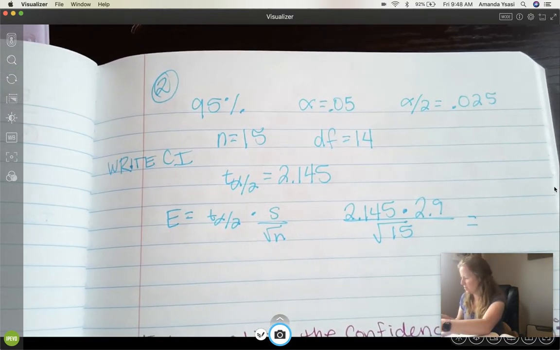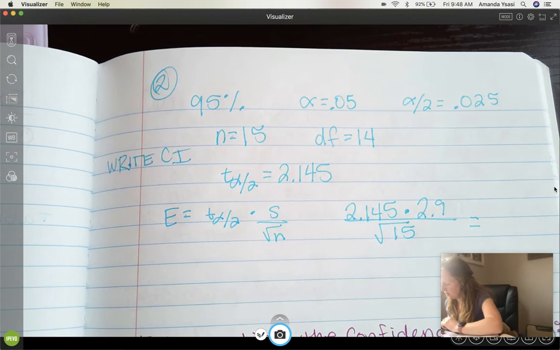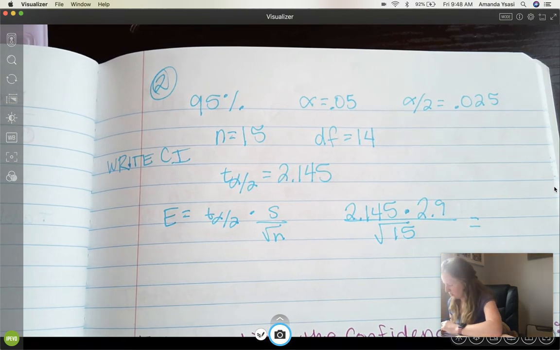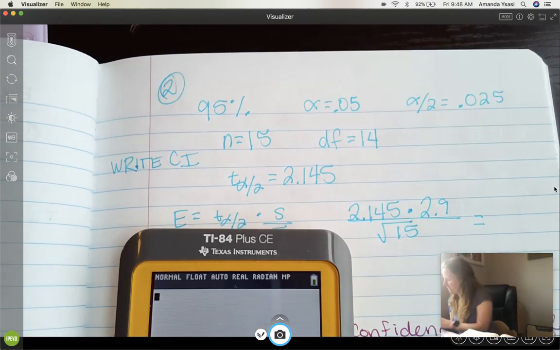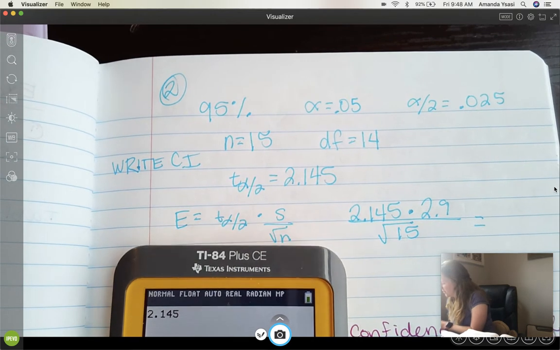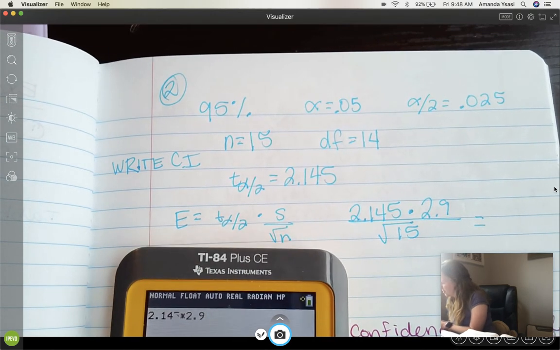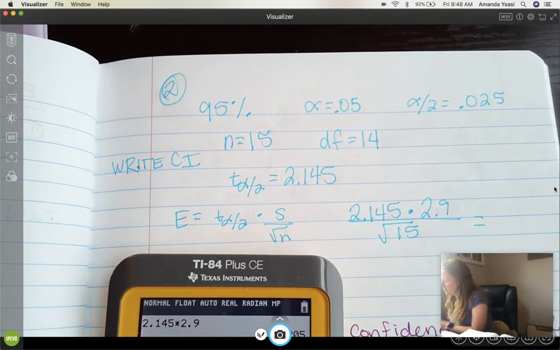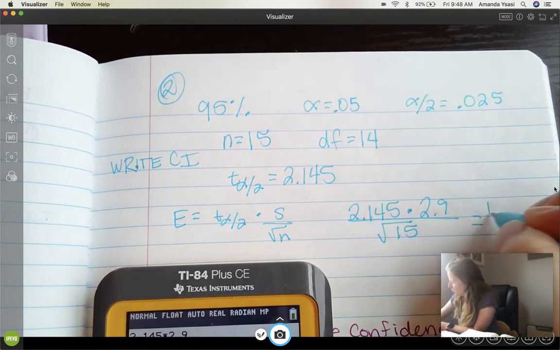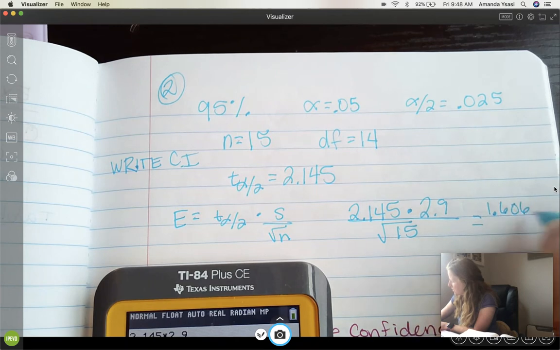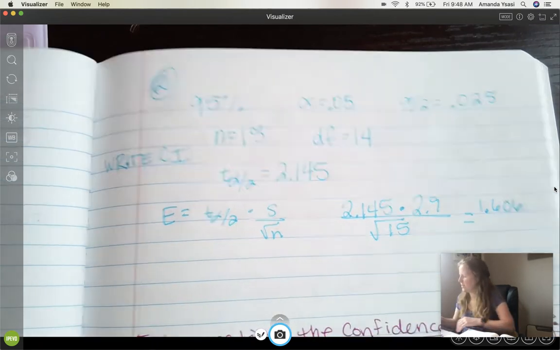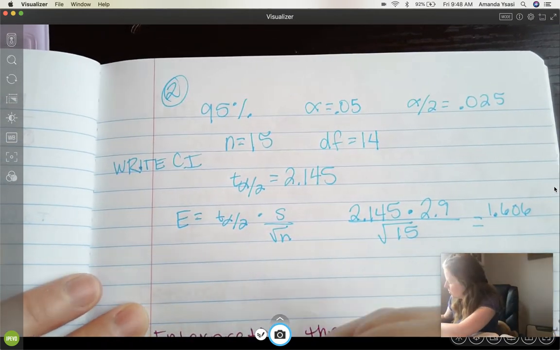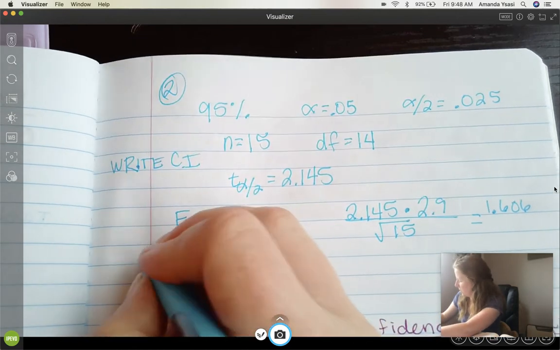And that gets your margin of error. 2.145 times 2.9 divided by square root 15 is 1.606.